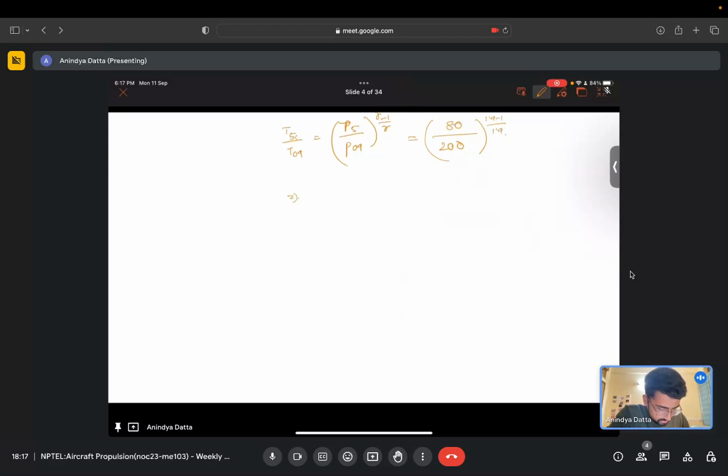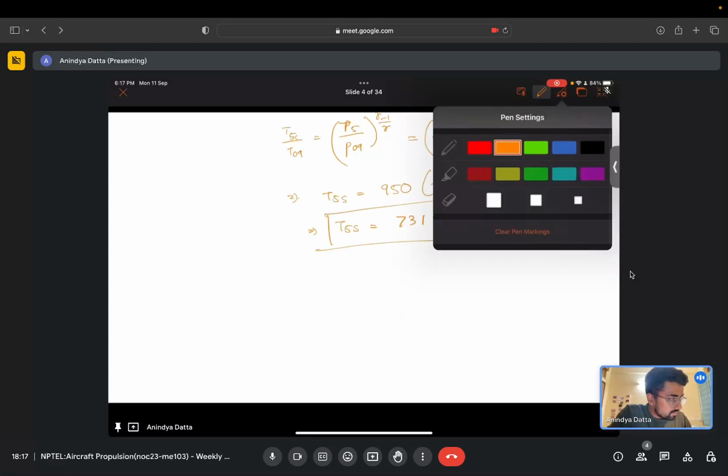So from this, T5s is equal to T04 times (80 by 200) raised to the power (1.4 minus 1) by 1.4, which is 950 times (80 by 200) to the power (1.4 minus 1) by 1.4. So we'll get T5s as 731.2 Kelvin. Okay, so now we put it back there.